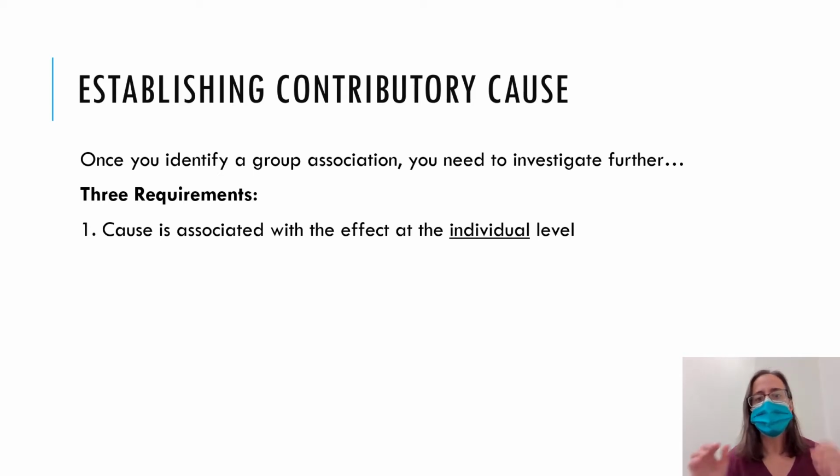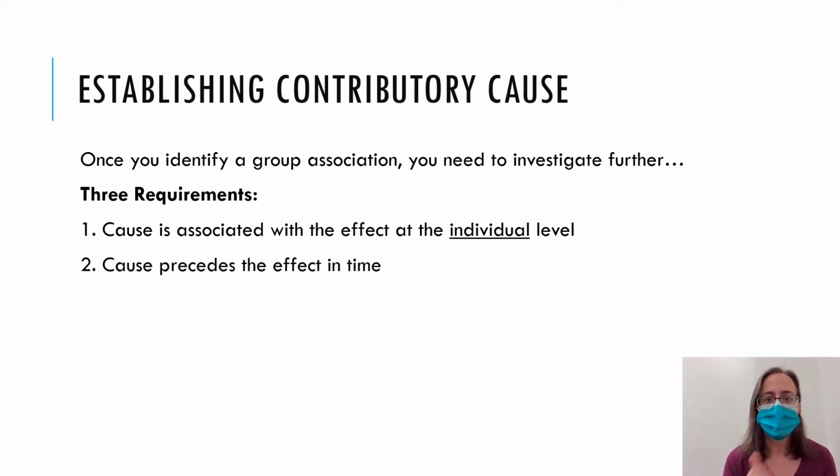Until now, we've just been looking at the group or population level, right? For example, when they looked at changes in smoking and lung cancer, initially they just saw these changes at the population level. They didn't go in and ask whether more of the people who got cancer had been smokers, right? They were just looking at large population effects. So now we want to check at the individual level.